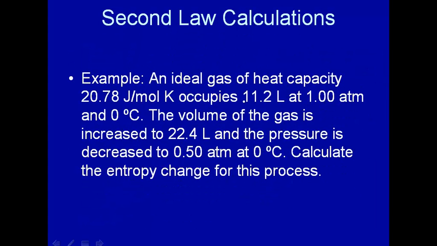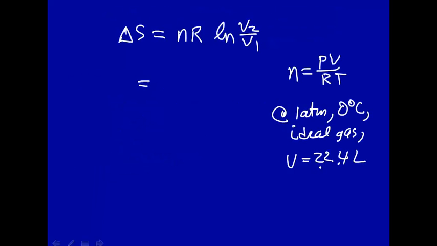We have 11.2 liters at 1 atmosphere, 0 C. If we had 1 mole, it'd be 22.4. So this implies that n is half a mole. Or you can plug it in here. Either way, you get 0.5 mole.